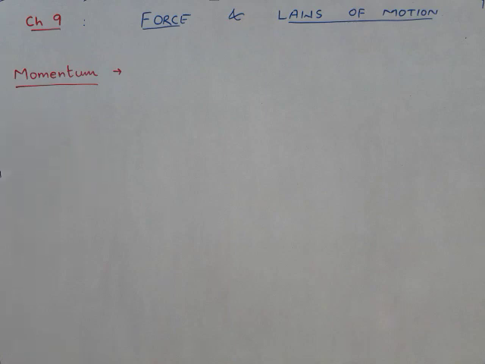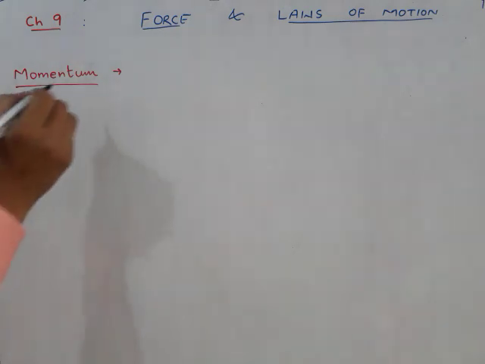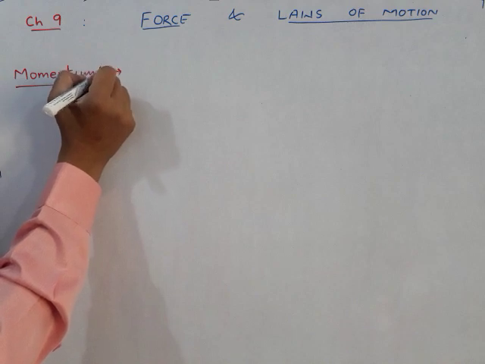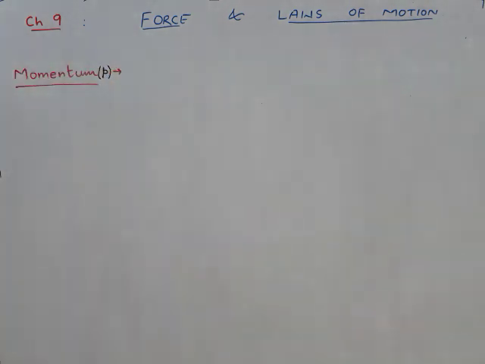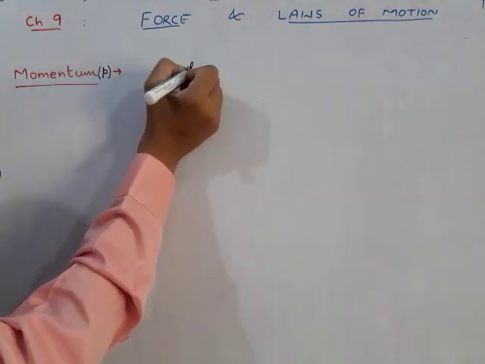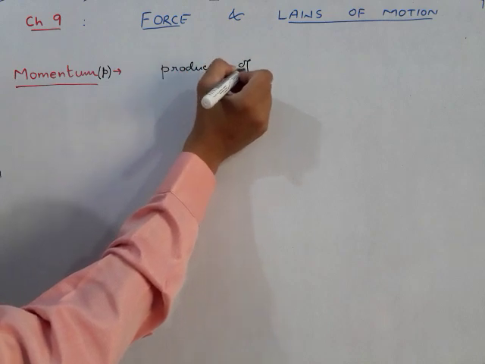But before discussing Newton's second law, it's important to know about a physical quantity, that is momentum. This is a new physical quantity whose symbol is P. And it is defined as the product of two important physical quantities.